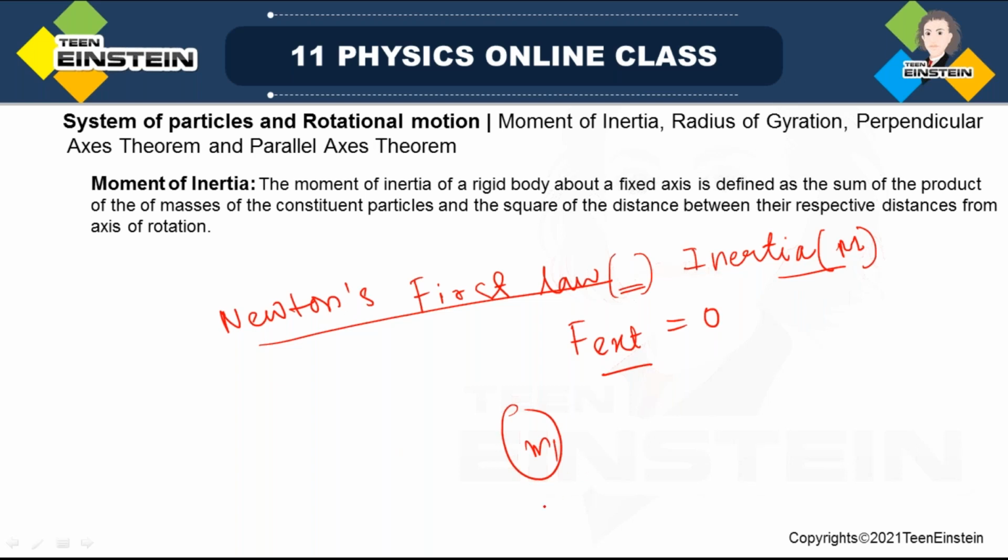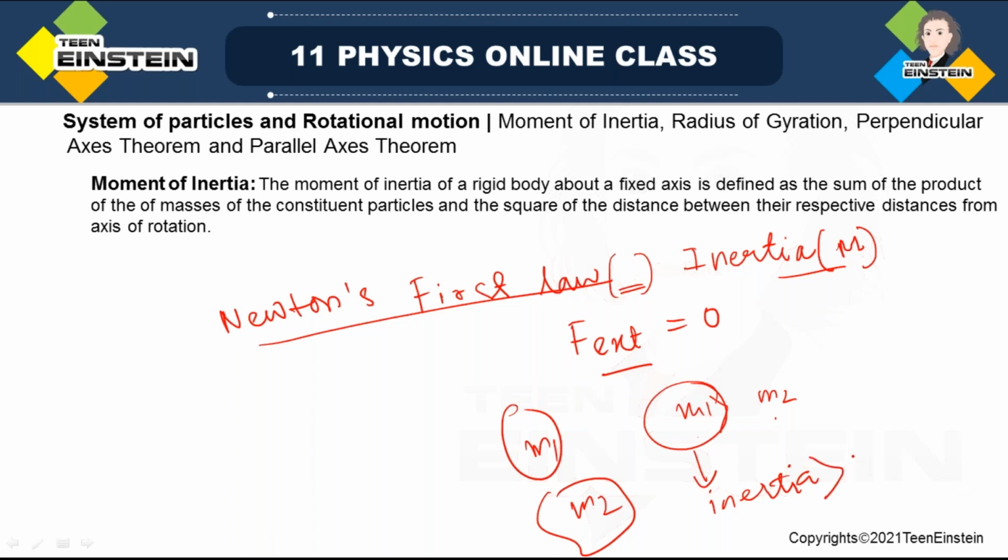Suppose this is m1 and some other object is m2. If m1 is greater than m2, then m1 has greater mass than m2. That means it has greater inertia than m2.